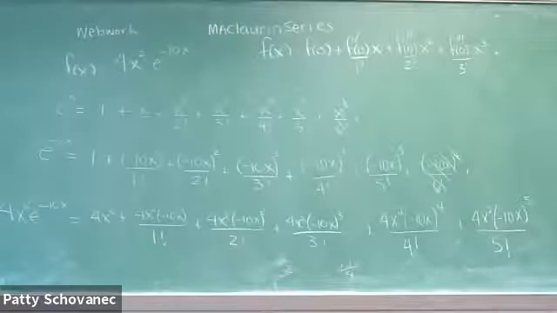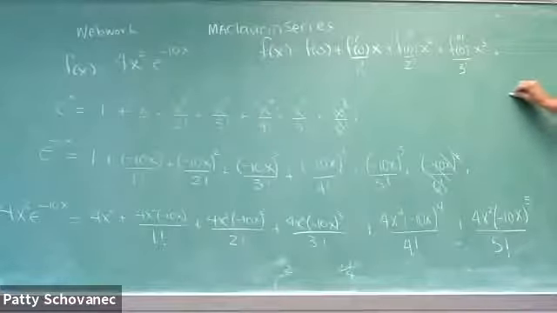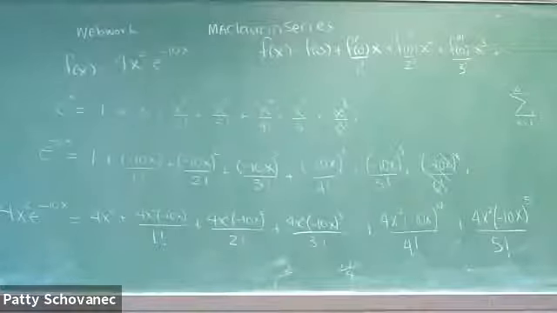We wrote this as 4x squared and then open parentheses, e to the negative 10x. Yes. But I want you to write it in summation form for me. So what would you write? Well, they all have a 4x squared, so that has nothing to do with k.